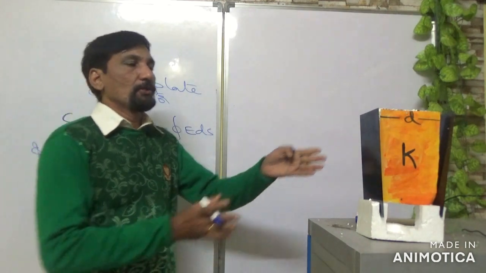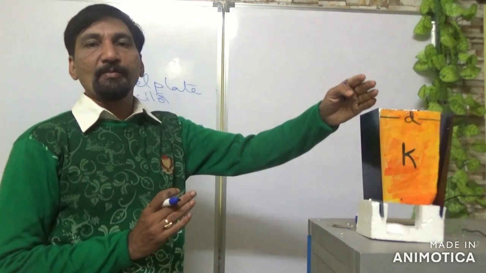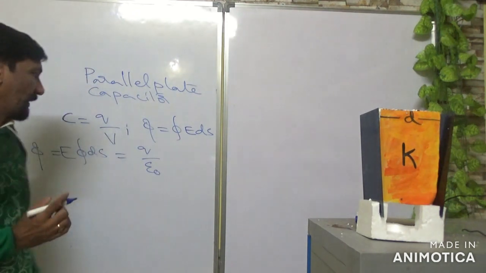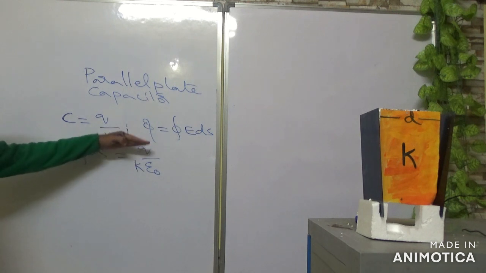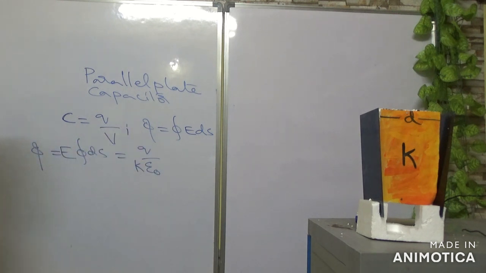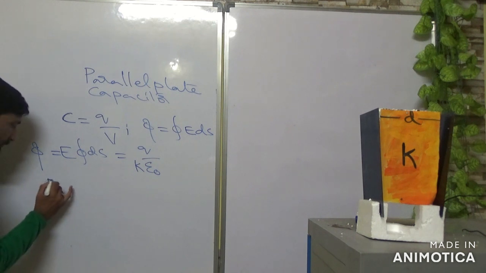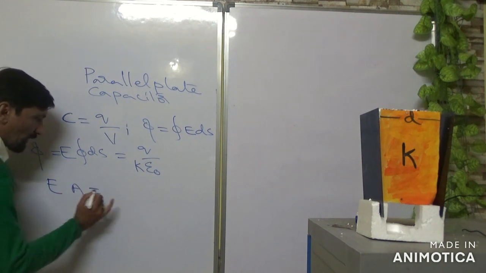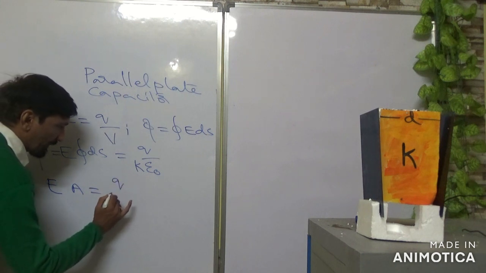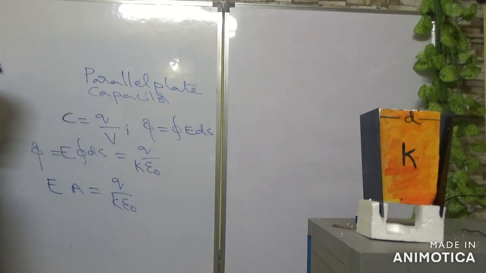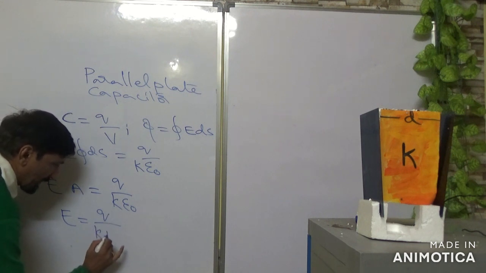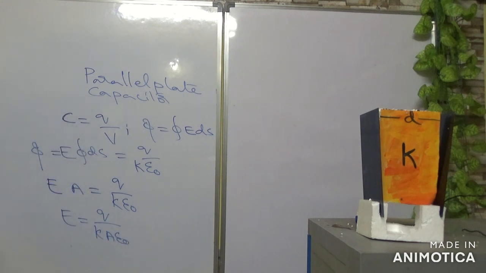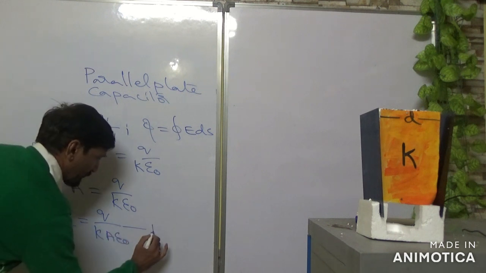Here you are placing a dielectric medium between the two plates, so that influence is also taken, giving Q by K epsilon naught. So E A is equal to Q by K epsilon naught, or E is equal to Q by K A epsilon naught. Take it as equation 1.